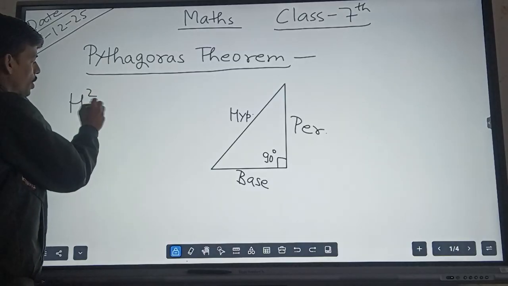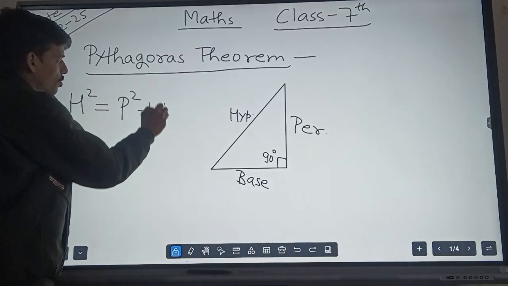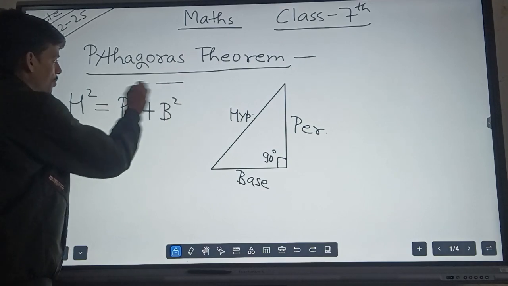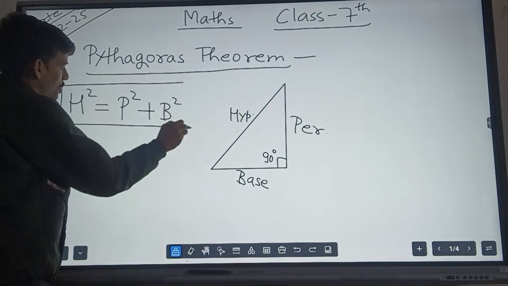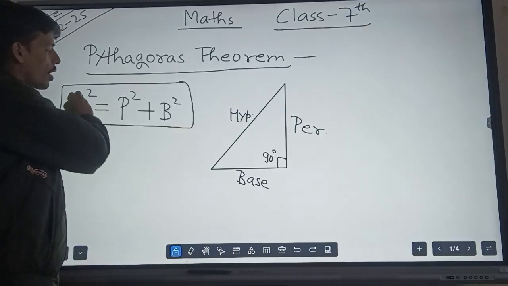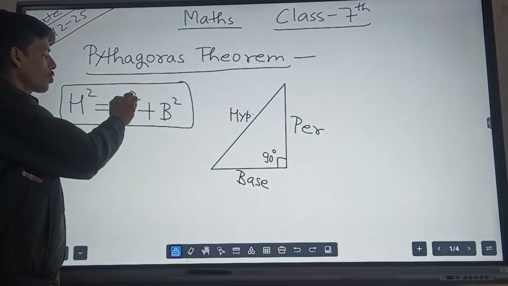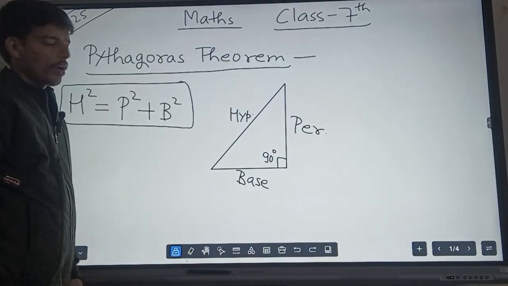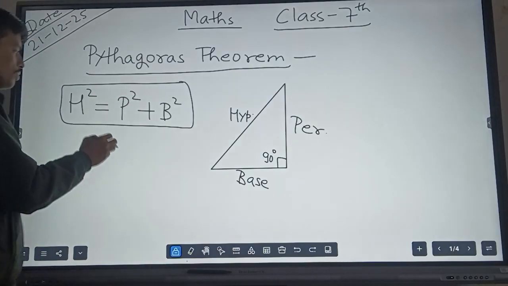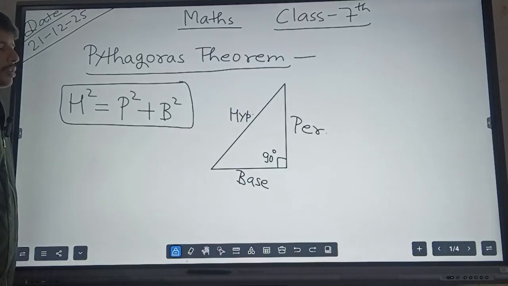The square of the hypotenuse is equal to the square of the perpendicular plus the square of the base. It is the relation of Pythagoras theorem. It is applicable only on the right angle triangle.